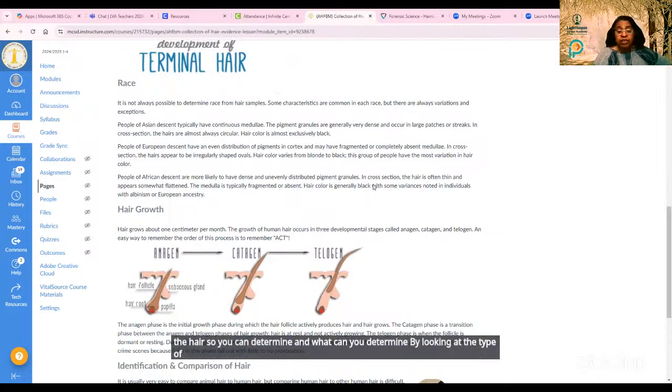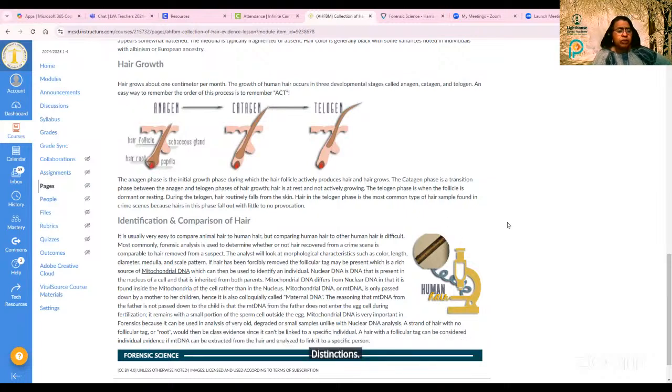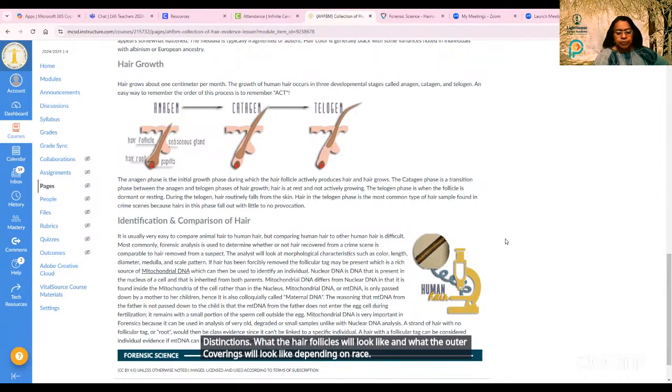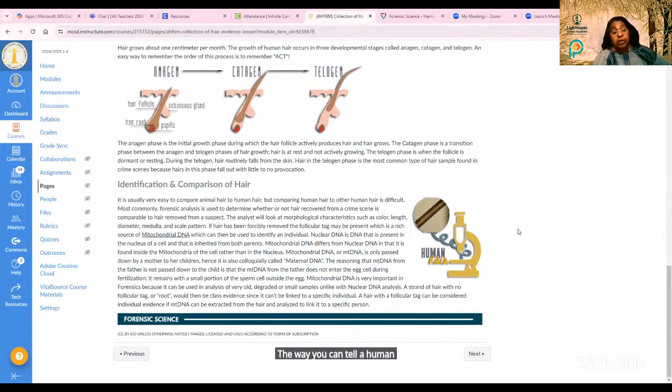If you need to look at that video again, they went through and gave you all the different distinctions: what the hair follicles will look like and what the outer coverings will look like depending on race, and the way you can tell a human hair from an animal hair. So that's important.